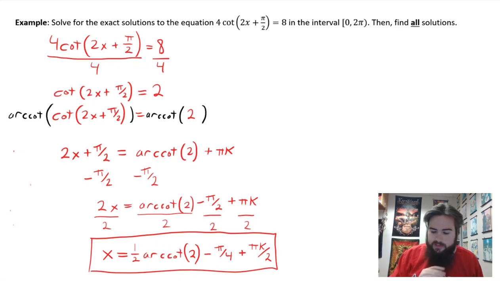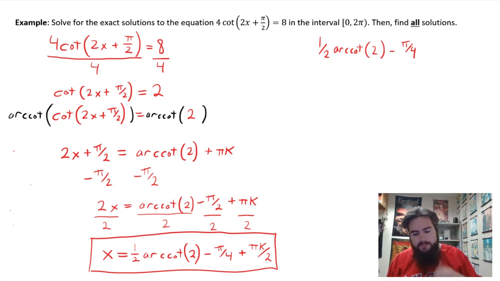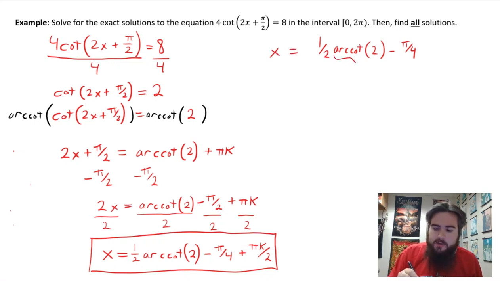So let's start with the first one listed there. 1/2 arccotangent of 2 minus pi over 4. All right. So let's think, does that fit between 0 and 2 pi? Well, I know arccotangent of 2, since that's a positive ratio, would have to be an angle measure between 0 and pi halves.